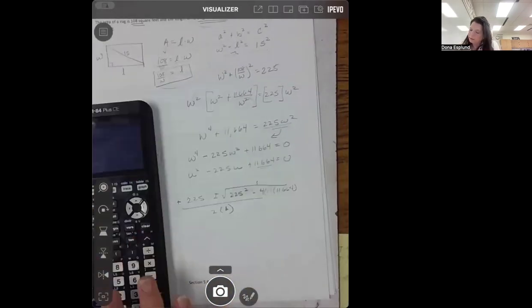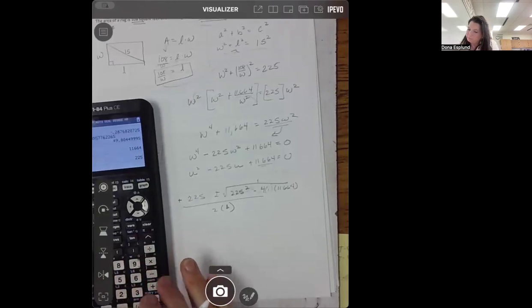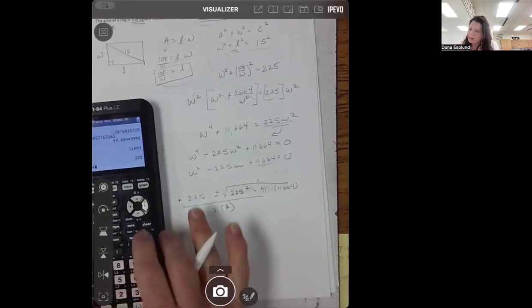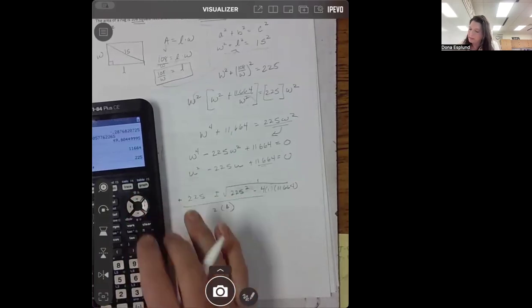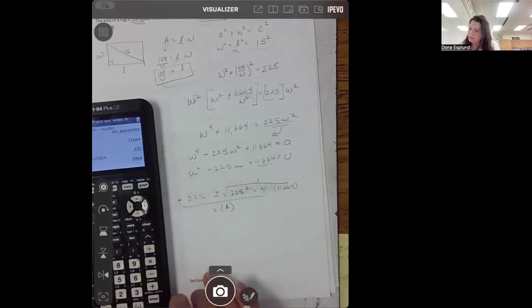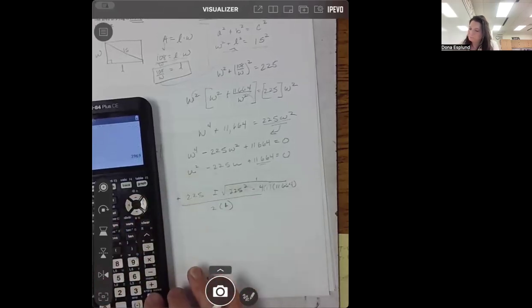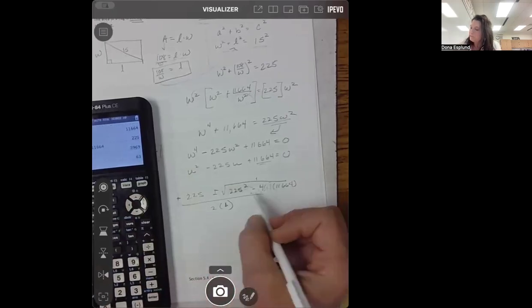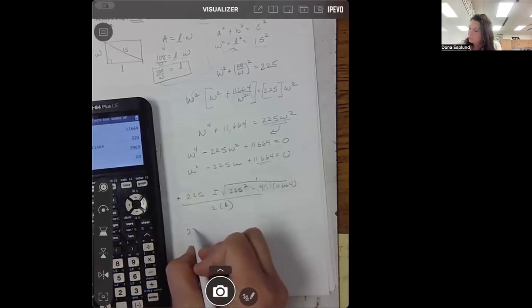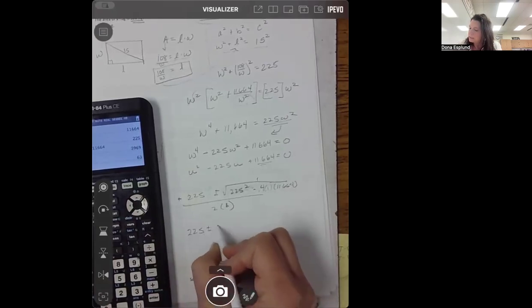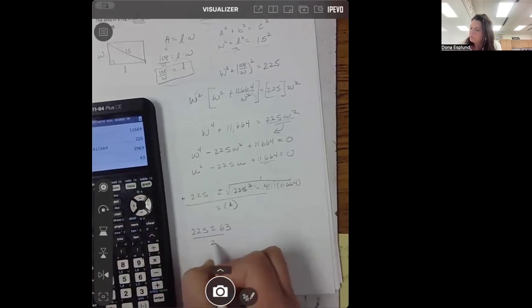Okay, so grab your calculator. 225 squared minus 4 times, I have 11,664 in my calculator. I'm going to get 3,969, and then I'm going to take the square root of it. And I get 63. So I have 225 plus or minus 63 all over 2.